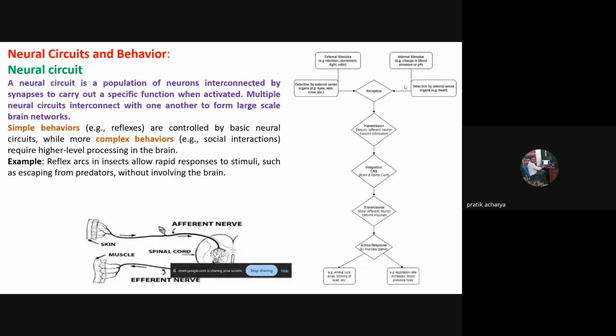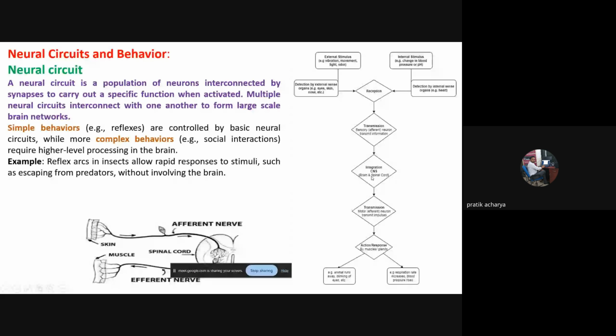For an external stimulus, there are reception centers like eyes, skin, nose, everything. For an internal stimulus, like a change in blood pressure or pH, the reception is transmitted through the sensory or afferent neuron, then integrated by the central nervous system.